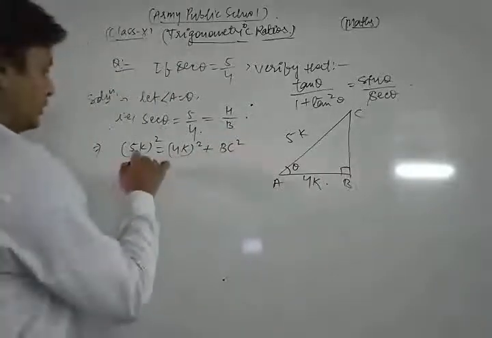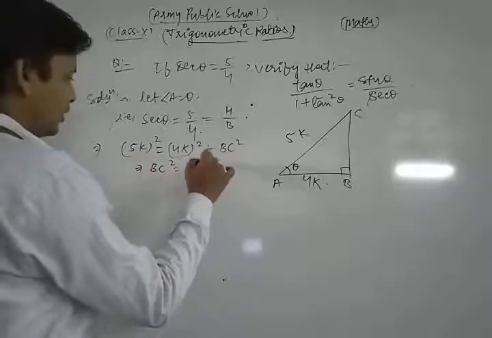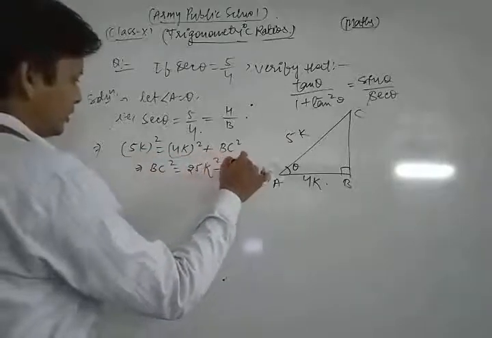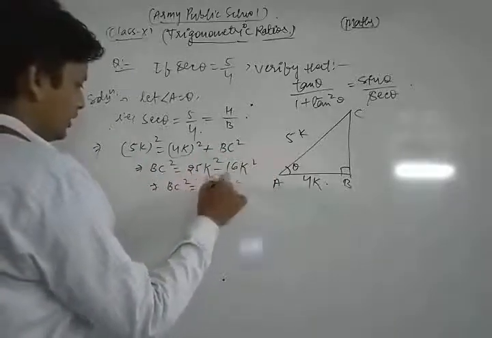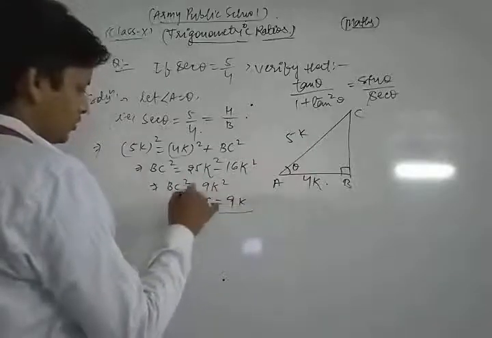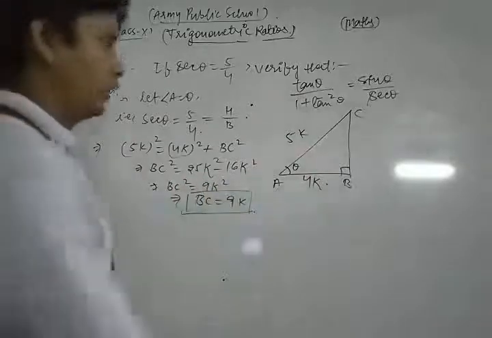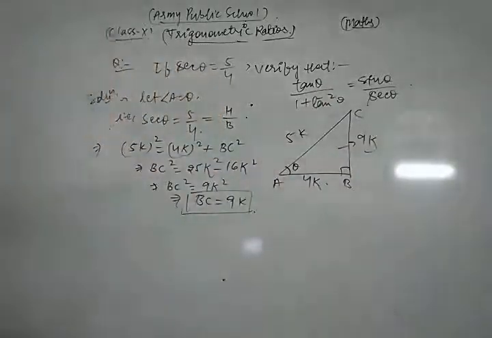From there, BC square is equal to 25k square minus 16k square, so we get BC square is equal to 9k square. So BC is equal to 3k. The value of BC is 3k.